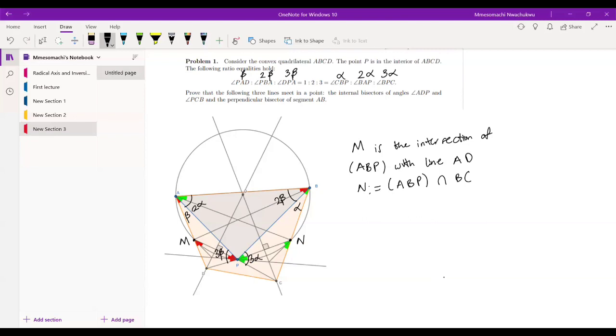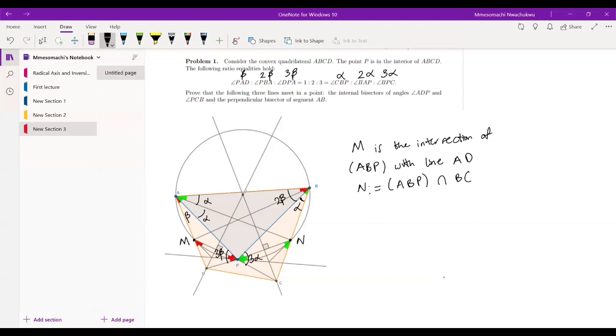So now what can we get from here? Since N and M lie on the circle, we'll have a cyclic pentagon already. So what can we do here? Now we have that this angle here is alpha. So it means this angle here is going to be alpha. Okay. And since this was 2 alpha, this will now be alpha.